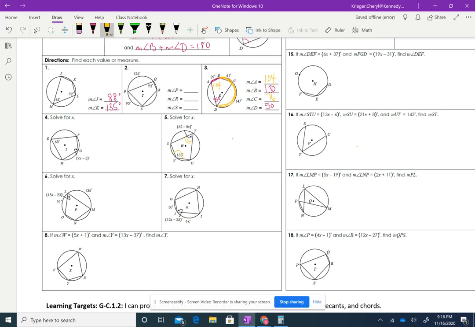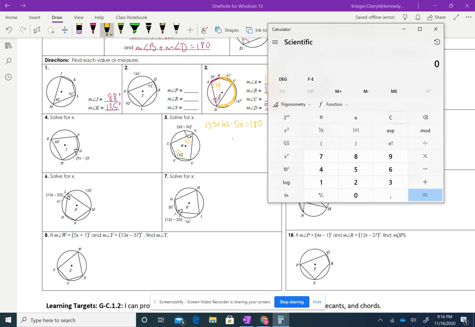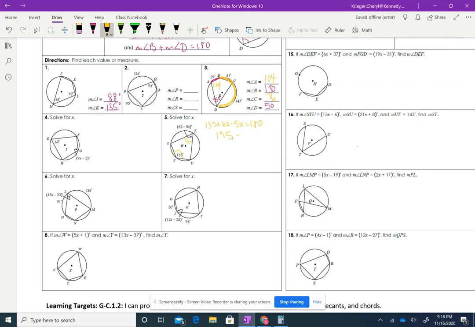I'm just going to set 133 and 62 minus 5x equal to 180. Get out my calculator. 133 plus 62 is 195 minus 5x equals 180. If I subtract 195 on both sides, I get negative 5x equals negative 15. So x is 3.